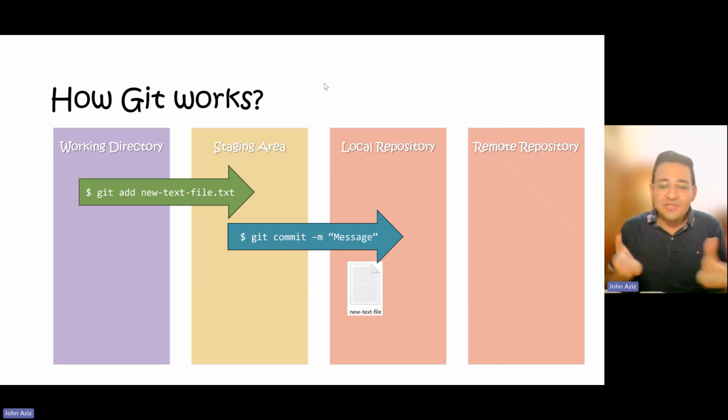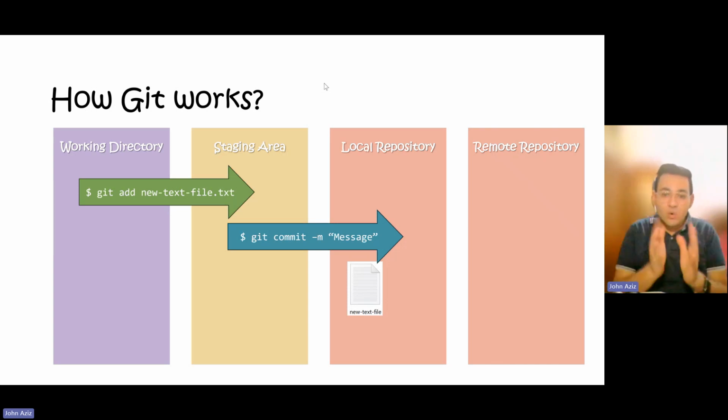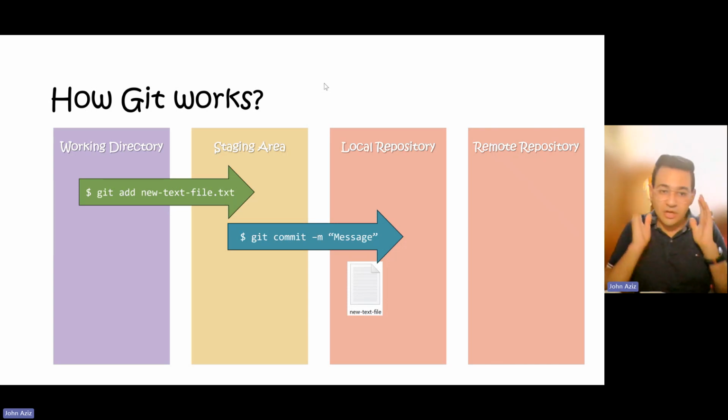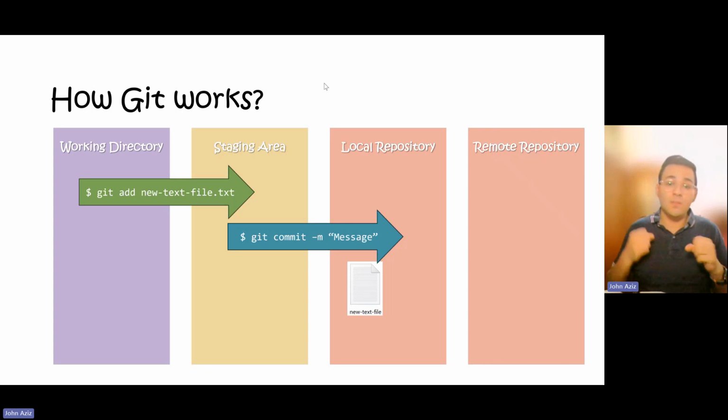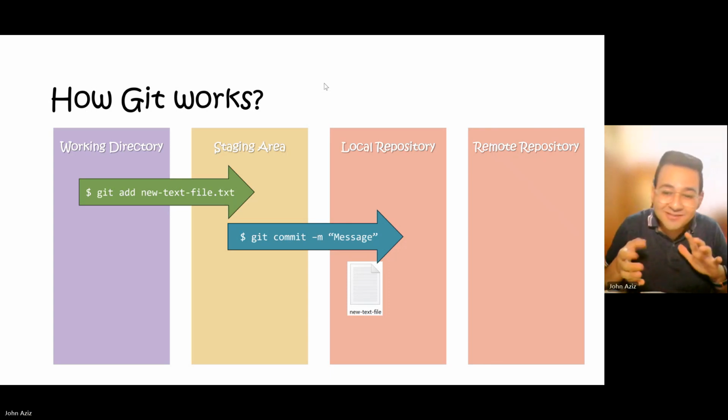So I can ship my code not just to my local repo, I can ship it online to the cloud to share it with others, either in a private repository or in a public repository, which is open to everyone for contribution. And in order for me to move my code from the local working directory on the local repository to the remote repository, I have to use a command called git push. Let's push our code.